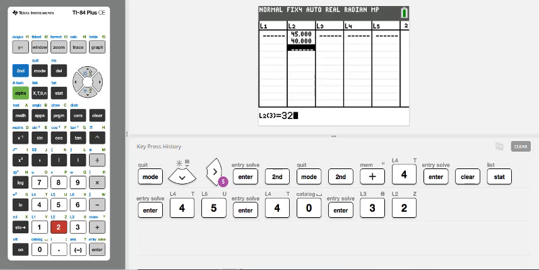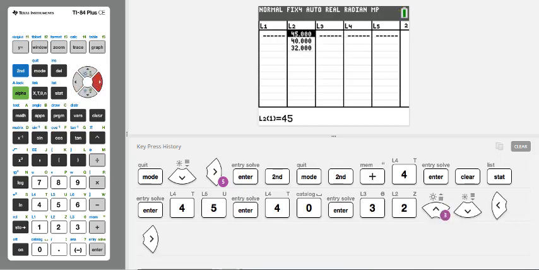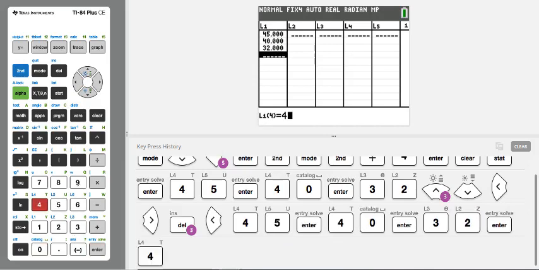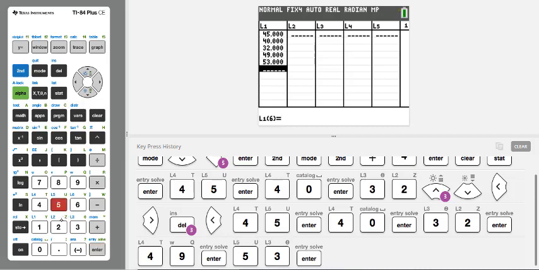Oh man, this is my mistake. Got to make sure that you are in L1 putting your X's. Sorry. 45, enter. 40, enter. 32, enter. 49, enter. 53, enter. 52, enter.